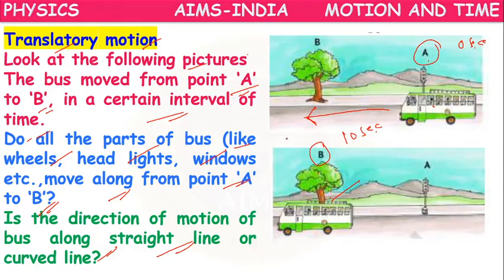When we say the bus is moving, what do we mean to say? Along with the bus, the wheels are moving, the body parts of the bus are moving, the windows are moving, the passengers also are moving. All the parts which are inside the bus and directly related to the bus are moving together to point B. So we can say, on the whole, the bus is moving.